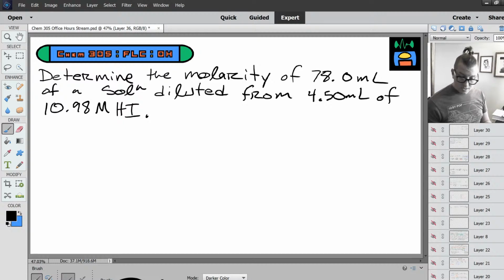Let's see. So this is a dilution problem. We have M1 V1 equals M2 V2.